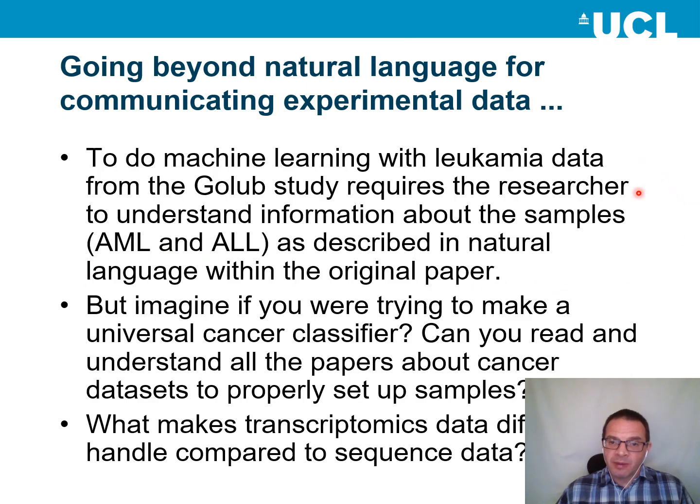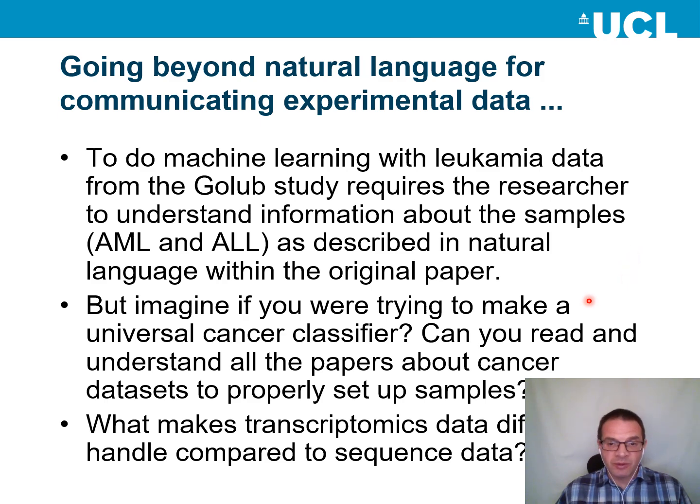But there were limitations to that which were recognised. One of them was that the papers had no consistency. They had no consistency about what information they gave you about the study, and some papers just lacked key vital information which made the data unusable in some ways for downstream analysis.